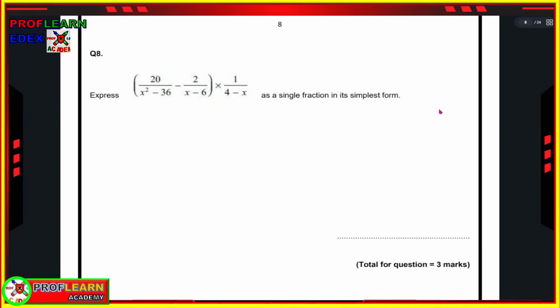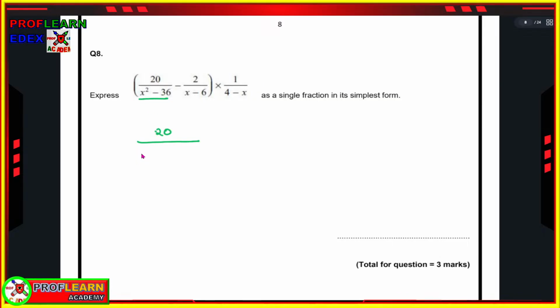Okay, so looking at the question that we have in this part, we are supposed to express it as a single fraction. But something I want you to realize, whatever we have inside the bracket is basically 20 over x squared minus 36, and this is the difference of two squares.